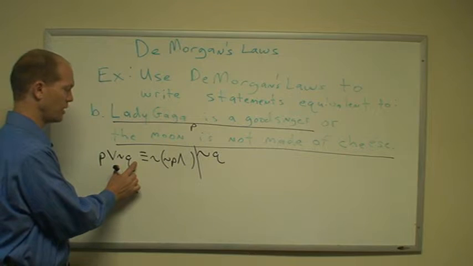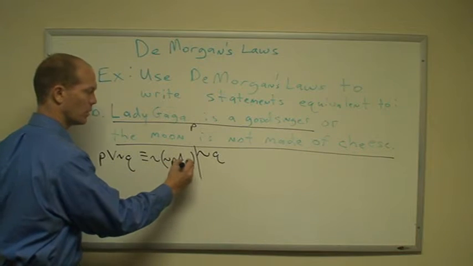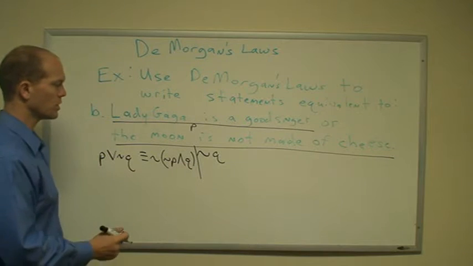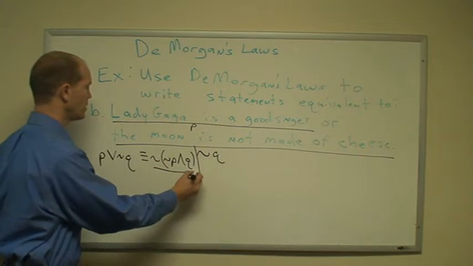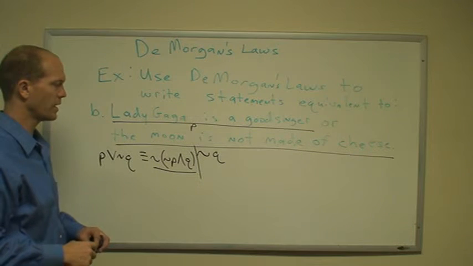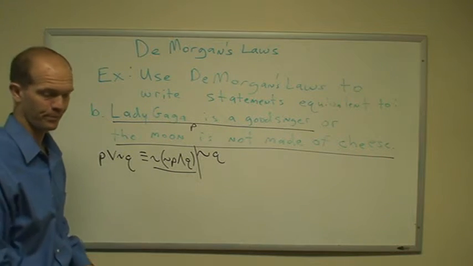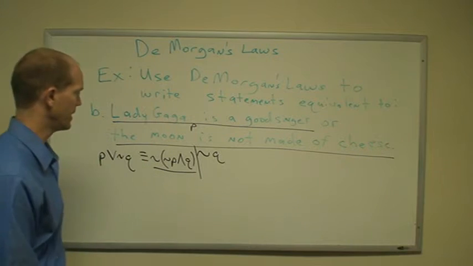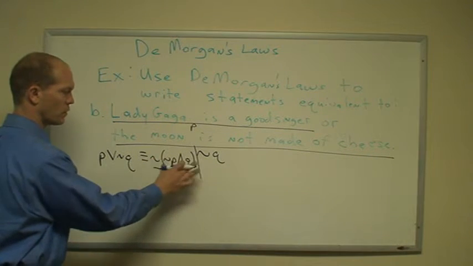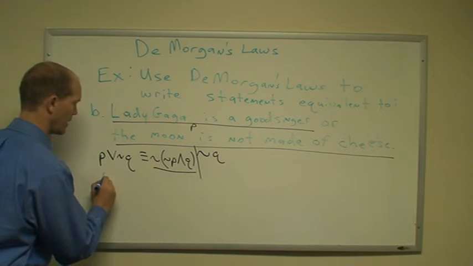So it should be the negation of the negation of Q, which is Q. So De Morgan's laws tells me my final equivalent statement should look like this. The negation of the quantity, the negation of P and Q. To write out in words what this negation of a quantity is, I'm going to write it is false.